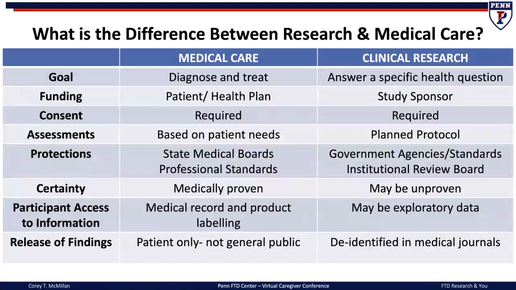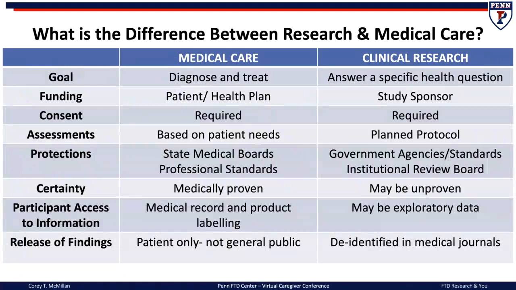The certainty of procedures being performed varies. In medical care, they are medically proven, where in clinical research, they may be unproven and they may be exploratory in order to determine whether an outcome can affect medical care in the future.